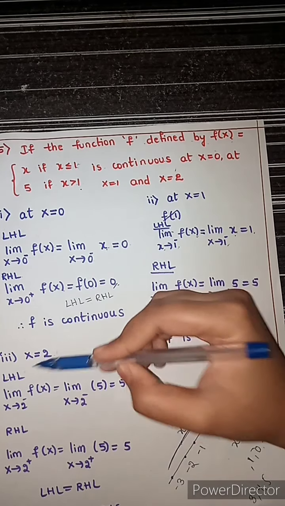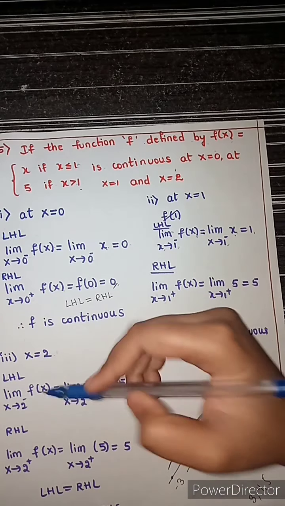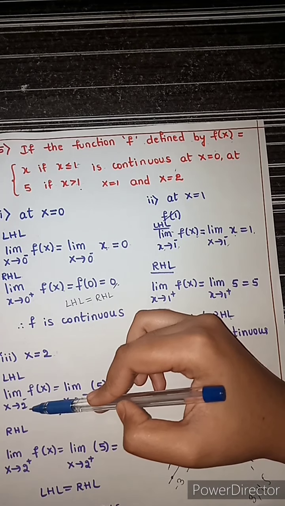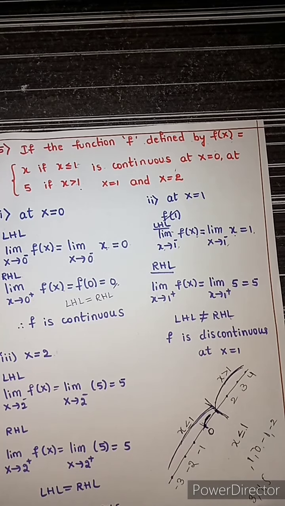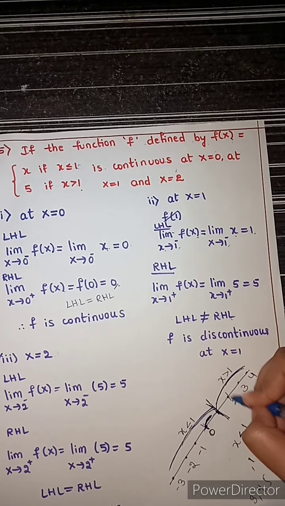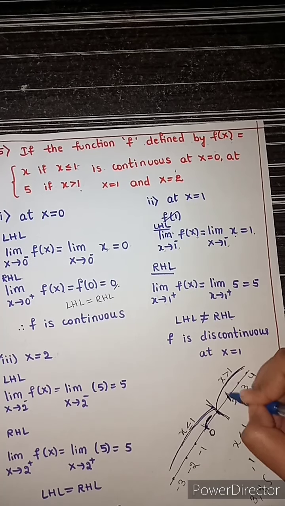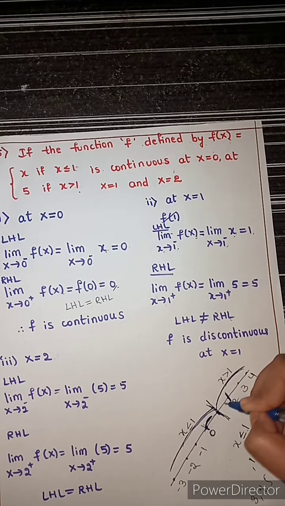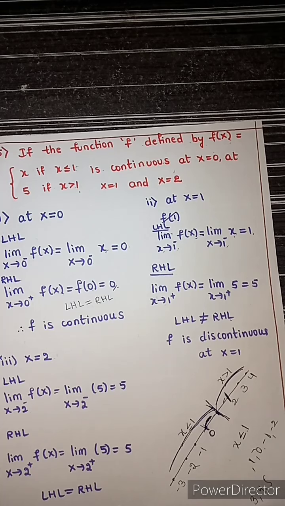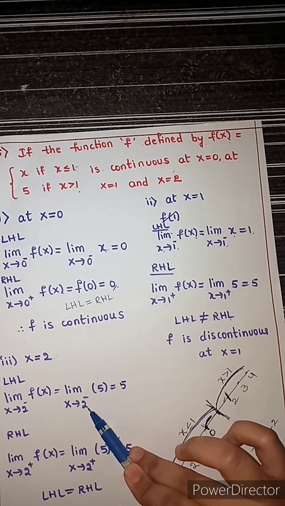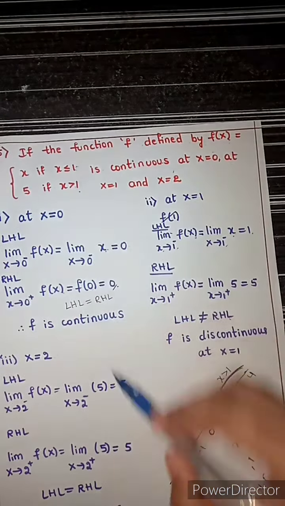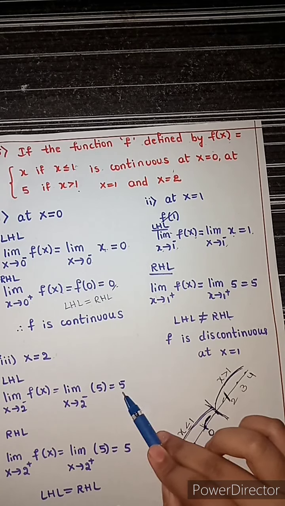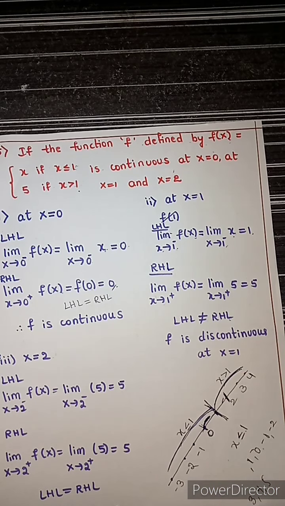Now let's check the continuity for x equals 2. Let's take the left hand limit. Limit x tends to 2 minus means less than 2. Somewhat less than 2 means the second condition. Limit x tends to 2 minus, the second function we have to take, that is 5.